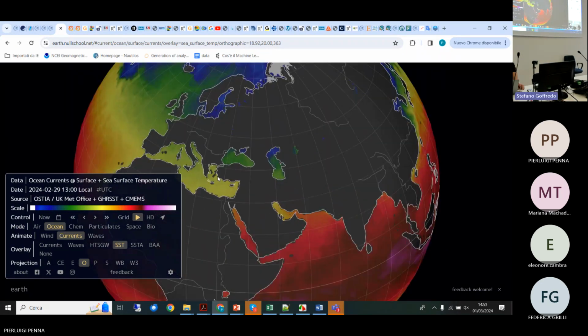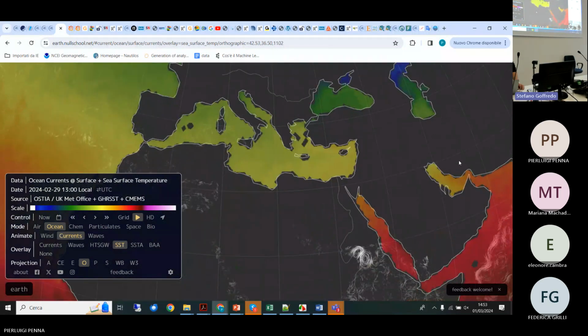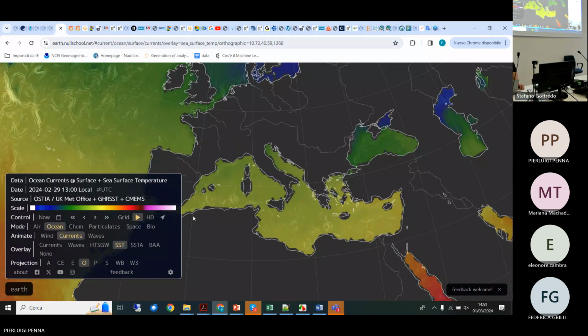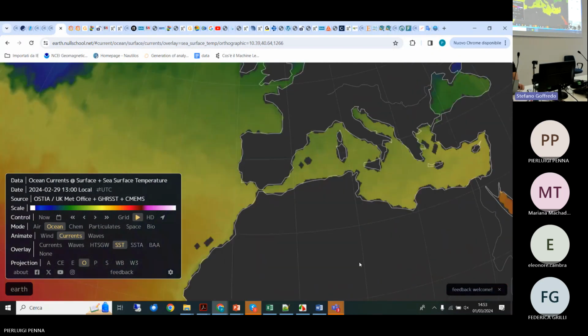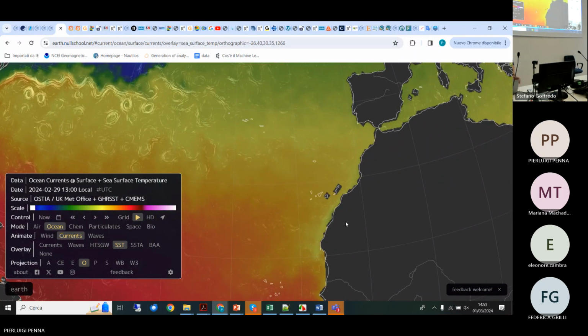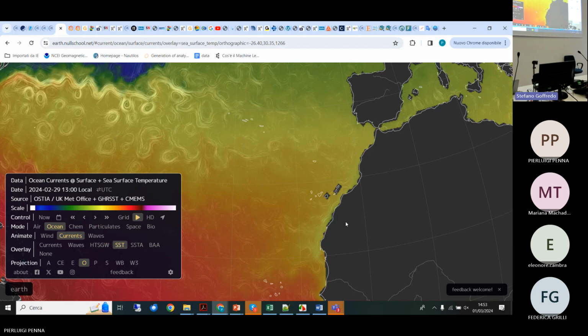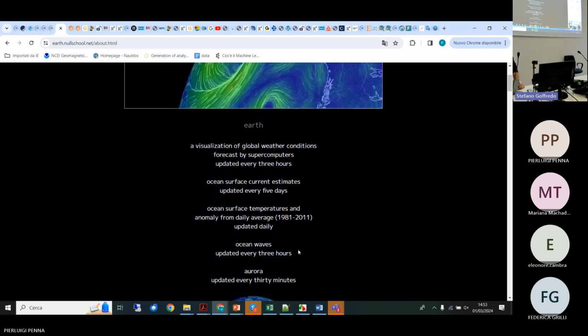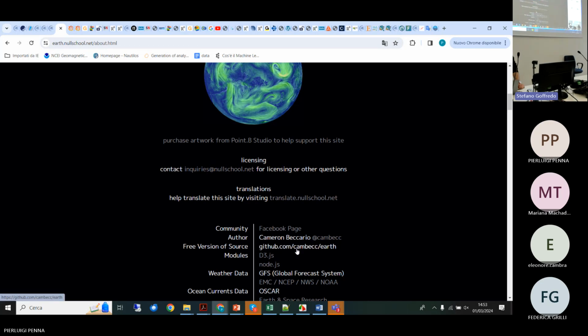This product is free, and as you can see, you can mix the sea surface temperature with the water current. The author is a researcher and uses public data.